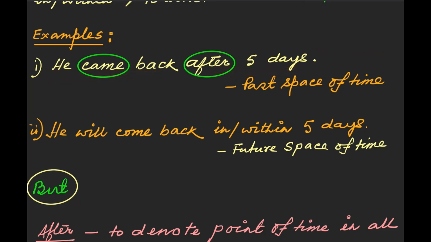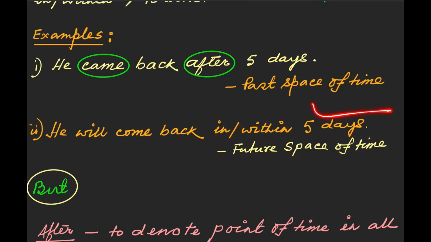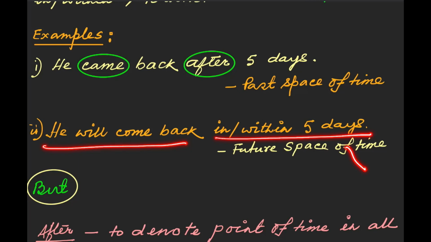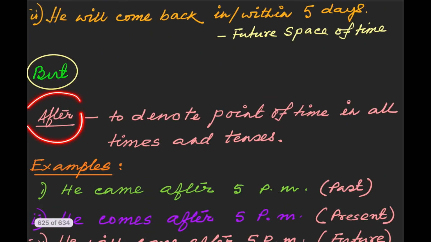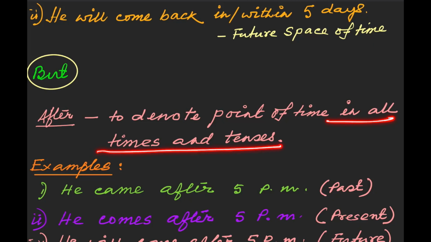And the second example, he will come back in or within 5 days, future space of time, correct? If you write he will come back after 5 days, it will be wrong. But after is used to denote the point of time in all the times and tenses. That is the space of time, period of time, and this one is point of time. Remember this. If it is the point of time, after is used in all the times and tenses.